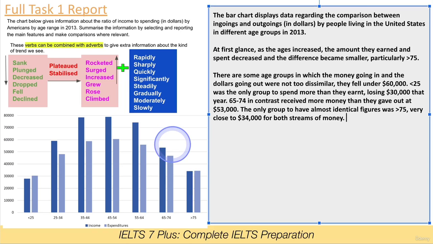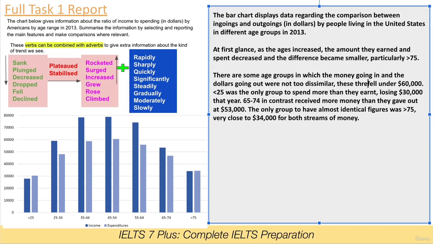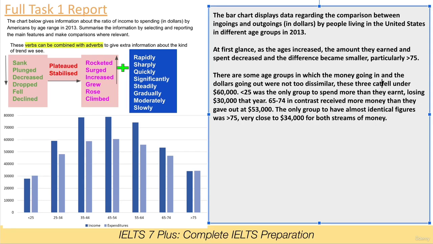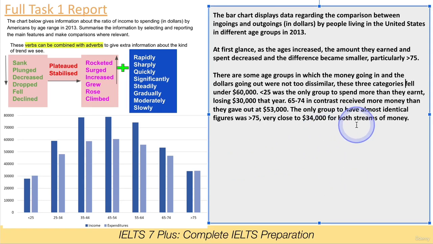Okay, let's read this back and see how it's sounding. There are some age groups in which the money going in and the dollars going out were not too dissimilar. These three categories fell under 60,000.